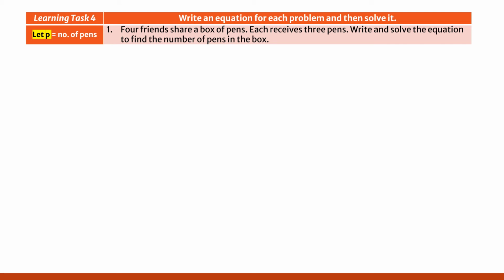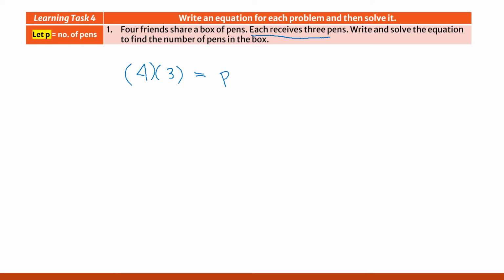Sa problem, merong 4 na magkakaibigan. Okay? Each receives 3 pens. Ibig sabihin, times 3, kasi lahat ay naka-receive ng tig-3 pens. And that is equivalent to P, na kung saan yung total number of pens in the box.